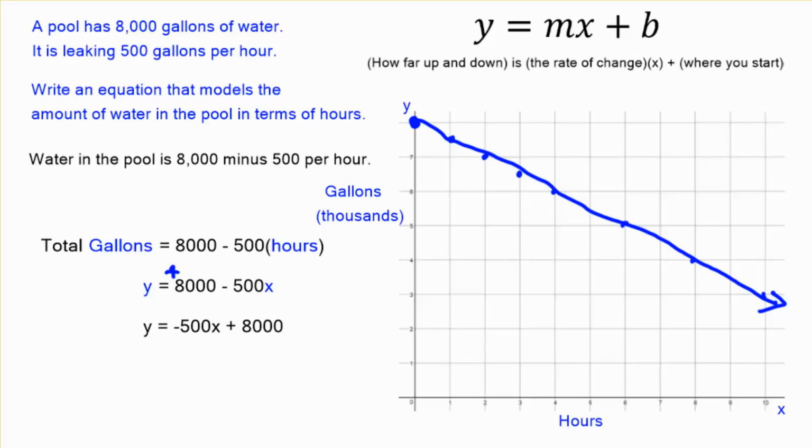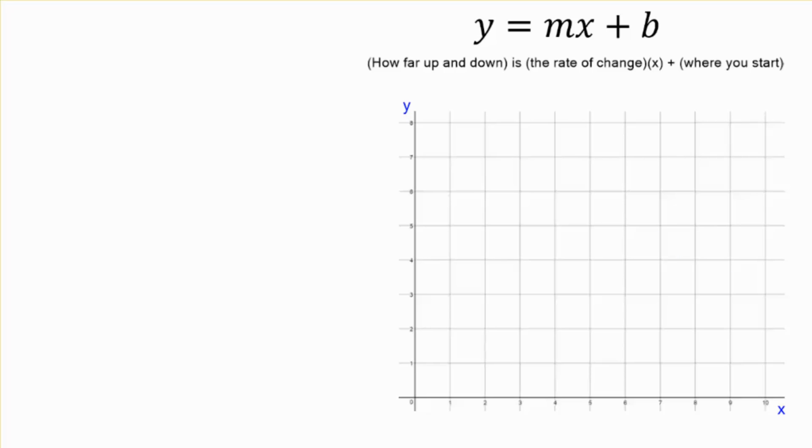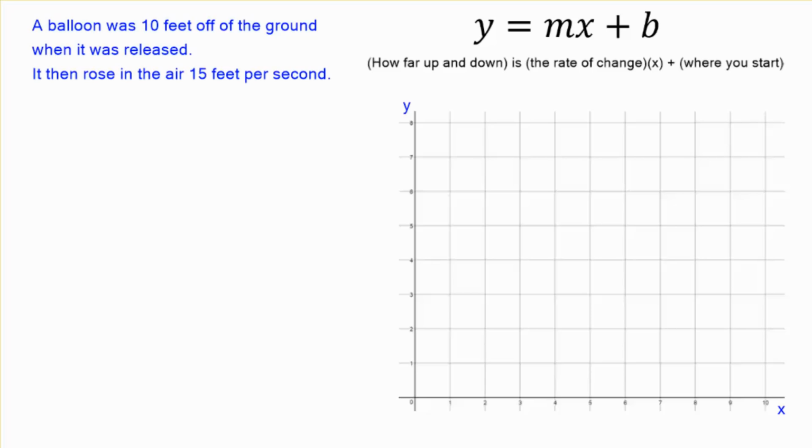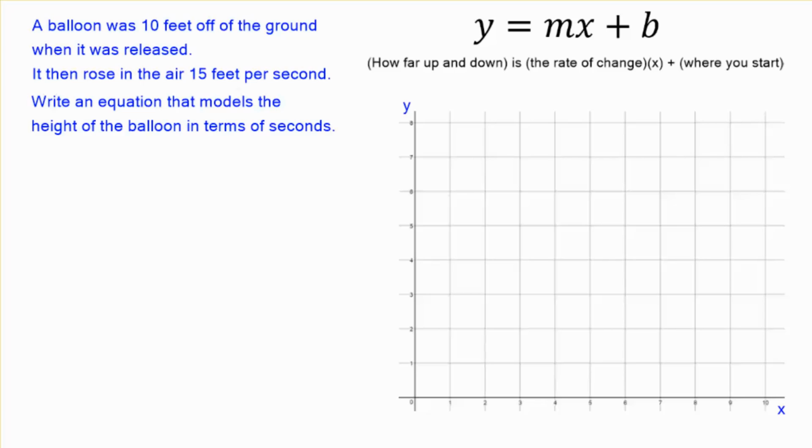Let's try one more. And remember, these word problems are written specifically for you to use slope-intercept form. A balloon was 10 feet off the ground when it was released. It then rose in the air 15 feet per second. We're going to write an equation that models the height of the balloon in terms of seconds. So our height equals 10 feet plus 15 feet per second.